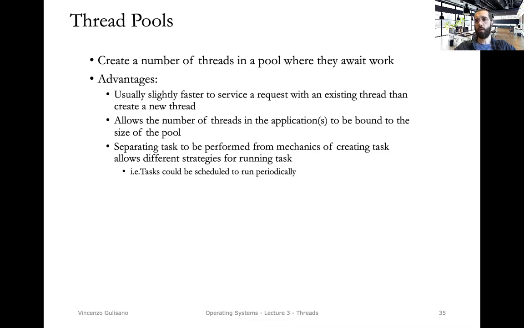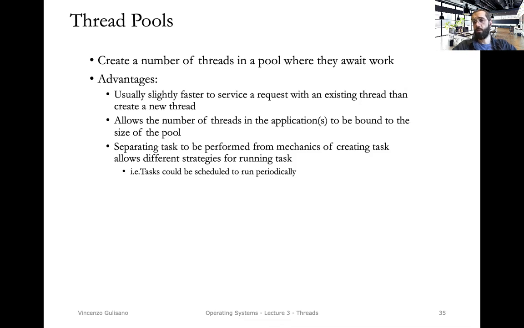Of course, you can play a bit with the pool size to decide what is the maximum parallel degree, and you can have mechanisms so that if all the threads in the pool are already taken, you can either decide to create more threads or just ask the one that wants the thread to wait, because all the available ones are taken.